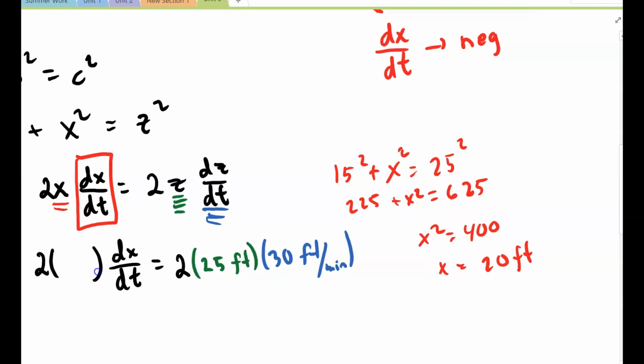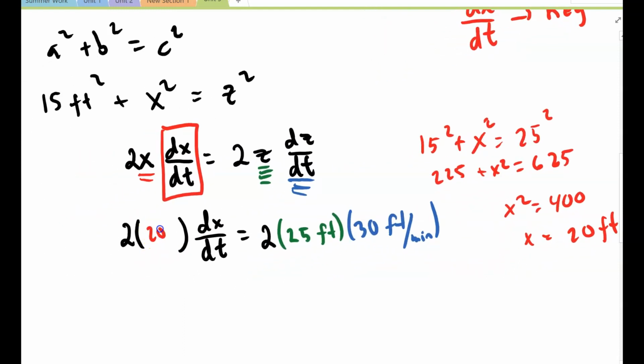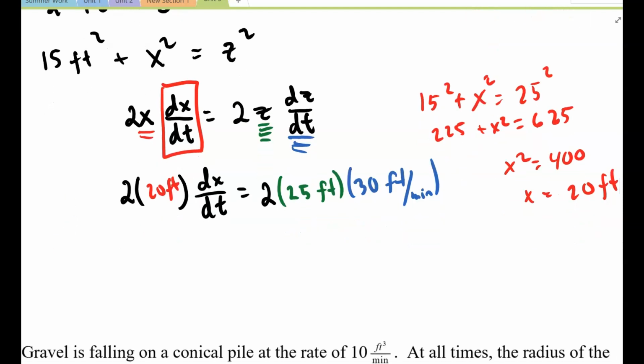All right, and now we can go ahead and plug this in. So 20 feet. All right, now if I want to solve for dx/dt, all I'm going to do is divide both sides by 2 times 20, which is 40.